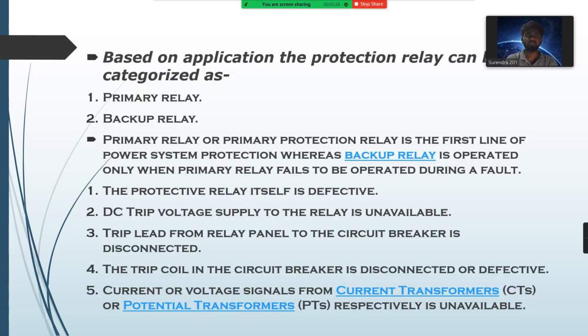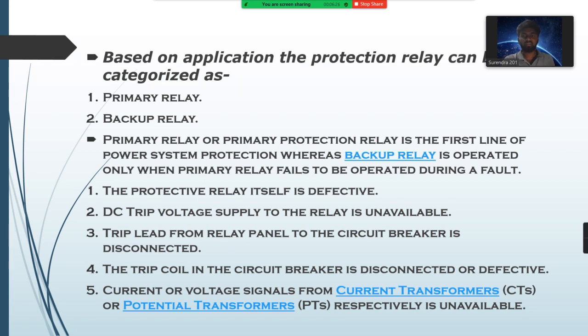Based on the application, the protection relay can be characterized into two relays. The first one is the primary relay and the next one is the backup relay. The primary relay, or primary protection relay, is the first line of protection system, whereas the backup relay is operated only when the primary relay fails to operate during a fault.